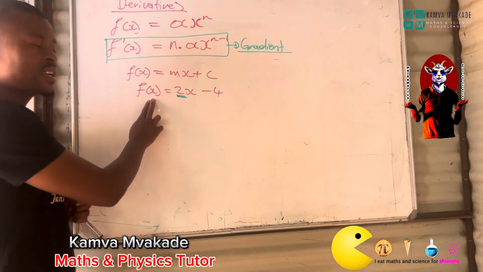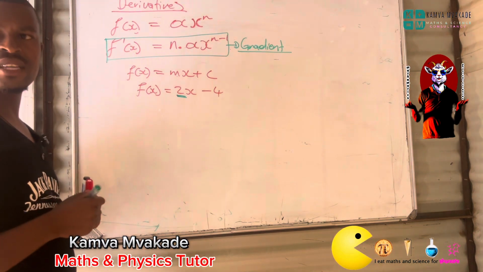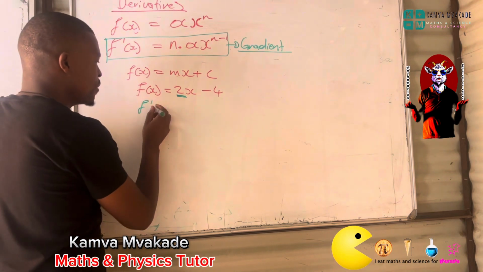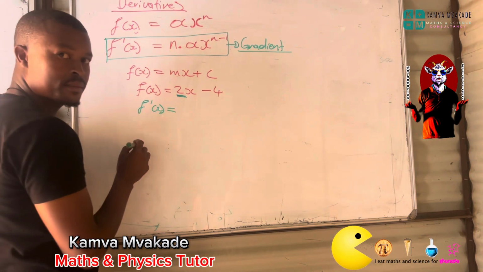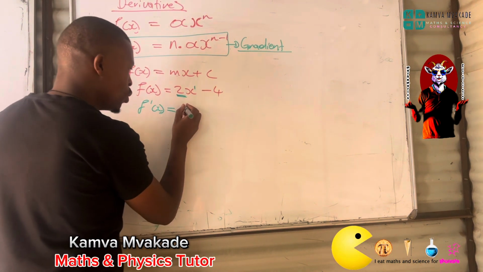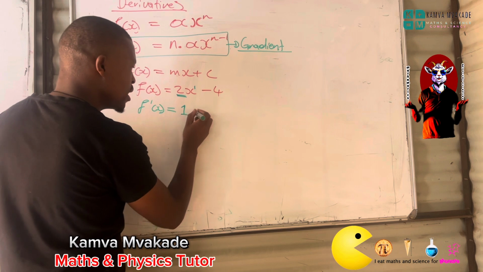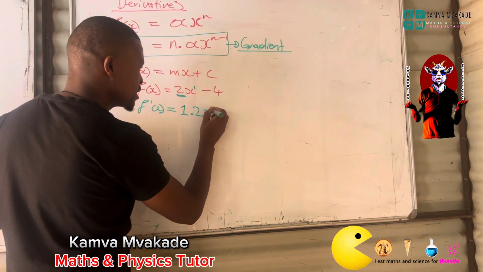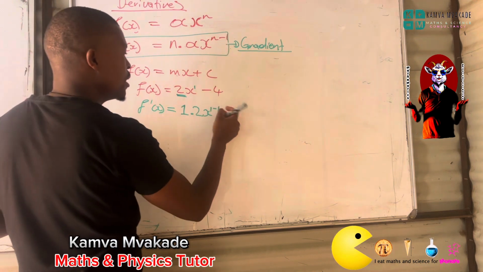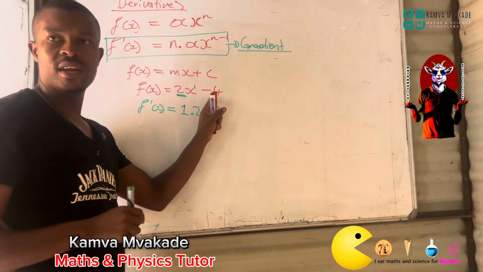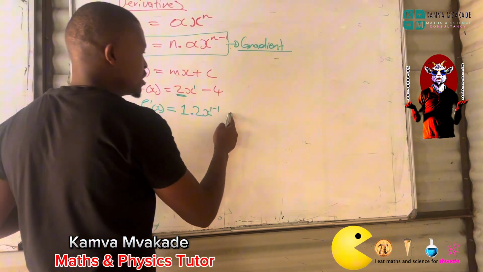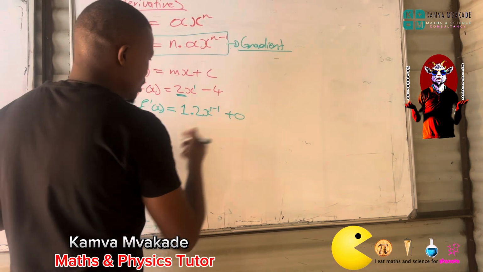Let us derive this and write f prime of x. The exponent on x is 1, so 1 is going to multiply with the 2, then x to the power 1 minus 1, which is n minus 1. We know the derivative of a constant is 0, so the minus 4, a constant, becomes 0.